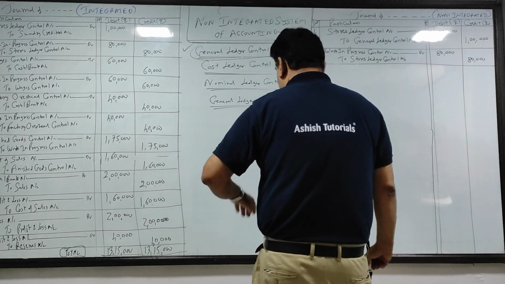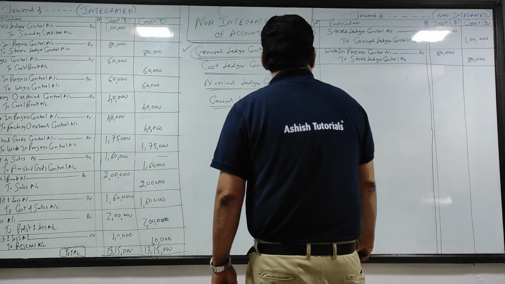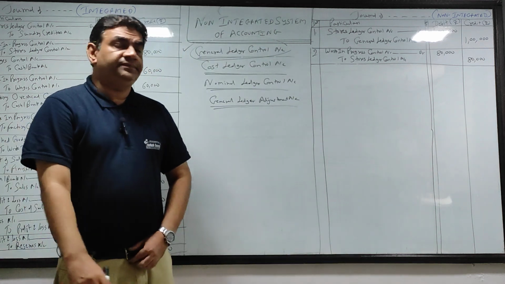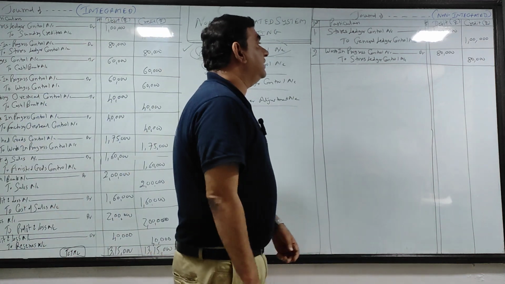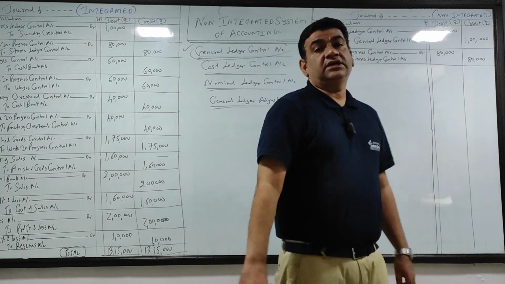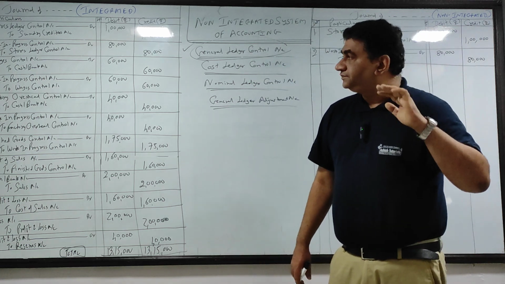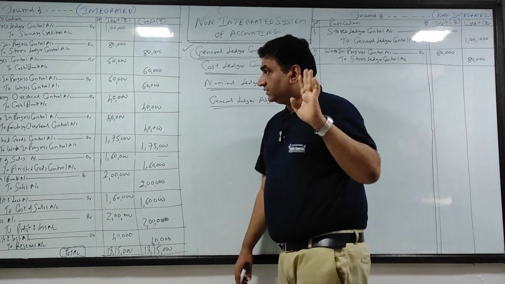Work in progress control debit 80,000 to store ledger control account 80,000. Clear? WIP control to store ledger control, that is 80,000. Clear with this, guys? Got it?